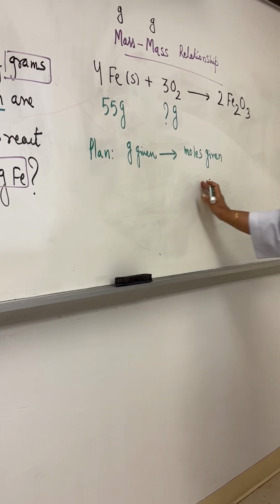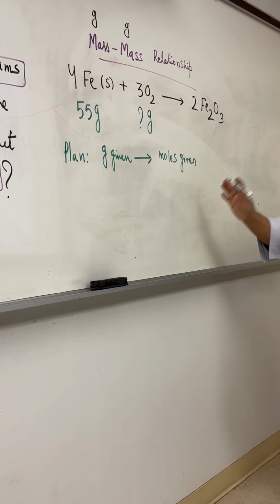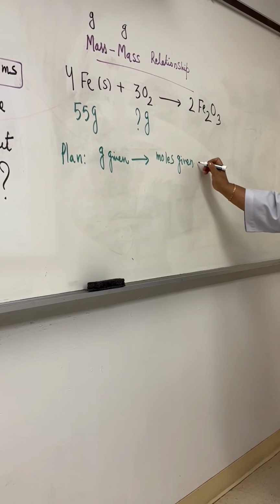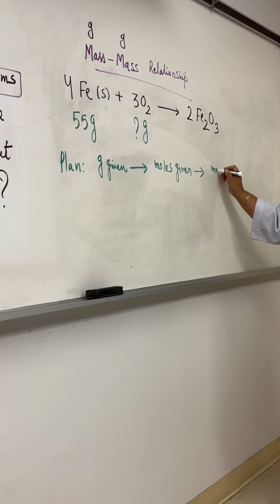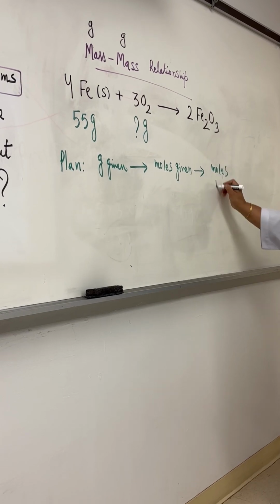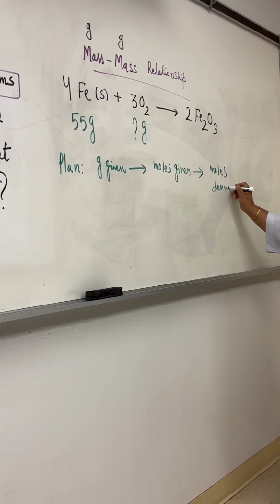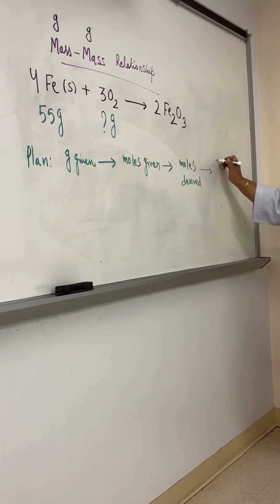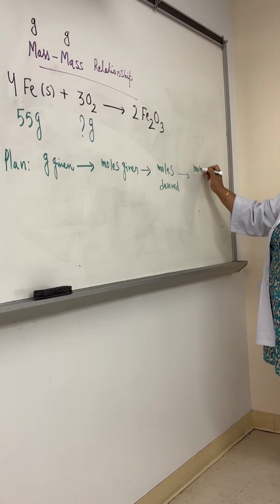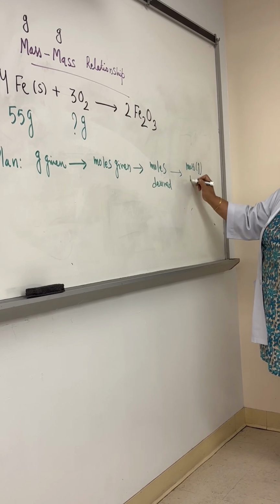And then once you do this one step, now back to what we just completed: moles given to moles desired, and finally moles desired convert to mass or grams desired.